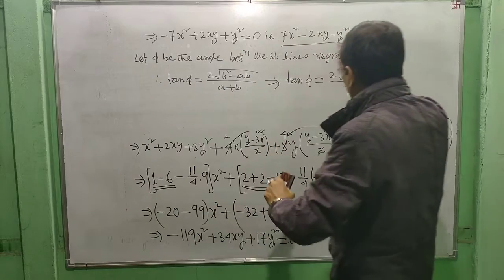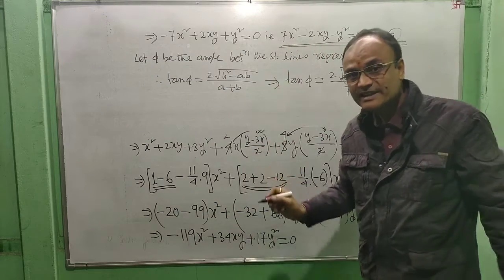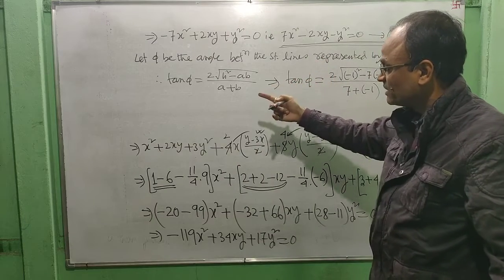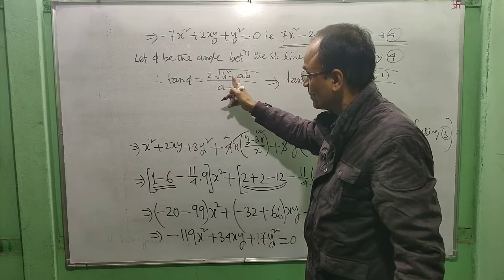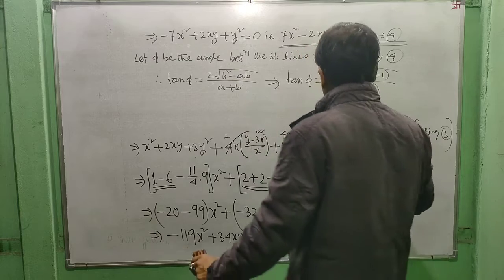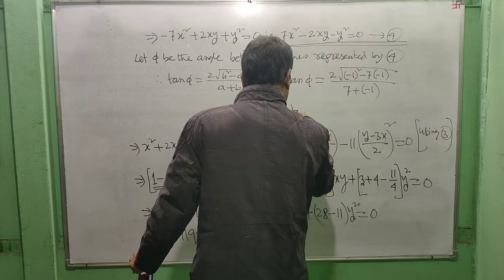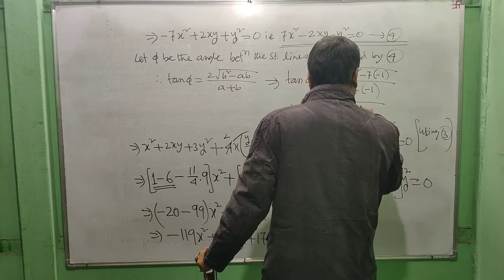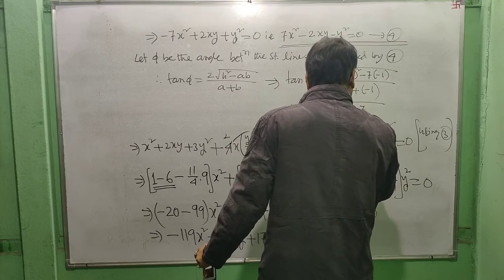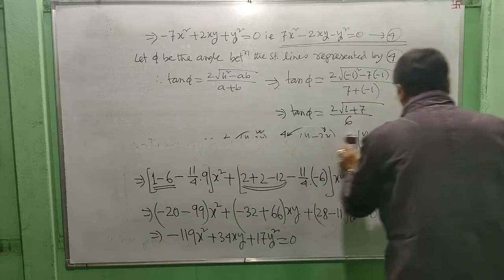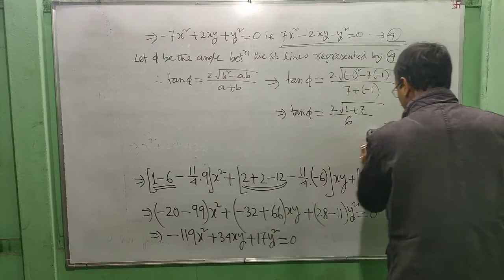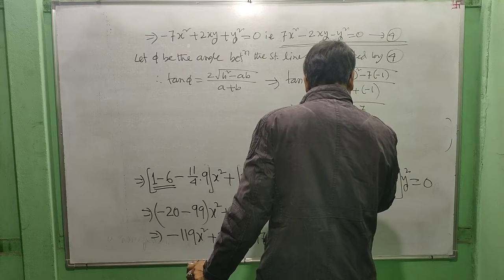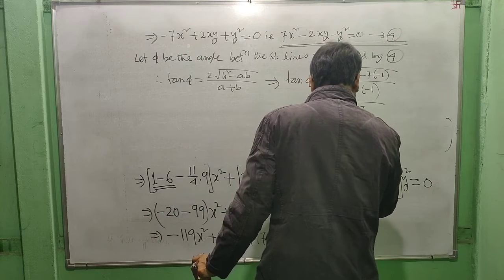This always represents a pair of straight lines passing through the origin. The angle between these straight lines is tan inverse 2 times root over h square minus ab divided by a plus b. This means tan phi equal to 2 times root over 1 plus 7 divided by 6, root over 8 by 3.